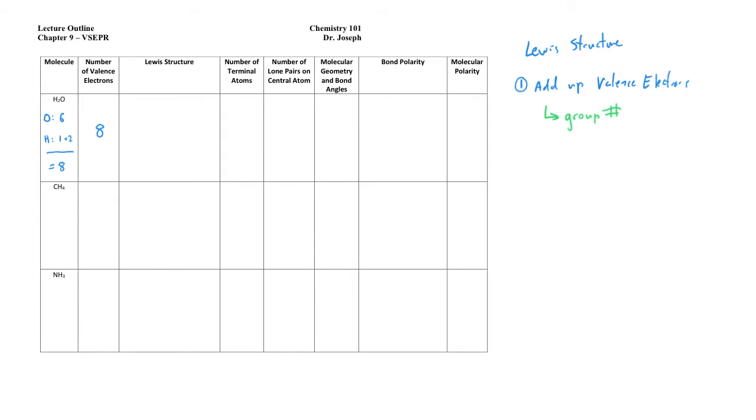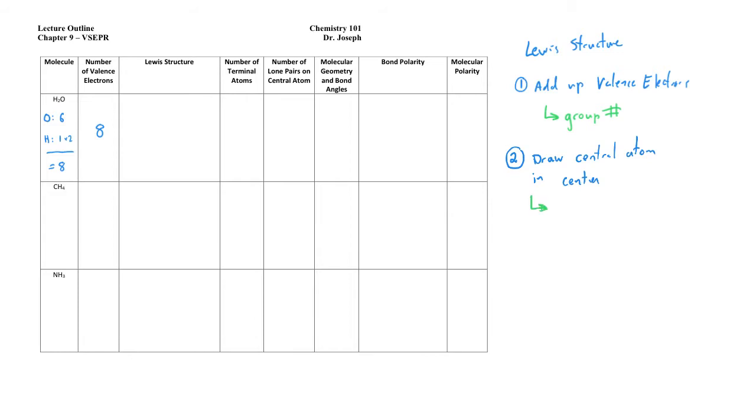So now we're actually going to start drawing the structure itself. Where we start with the Lewis structure is we have to have a central atom. So we're going to draw the central atom and place it, of course, in the center. Now the question is, if there is more than one atom, how do we know which one is the central atom? Well, that's actually pretty easy to figure out looking at the molecular formula.